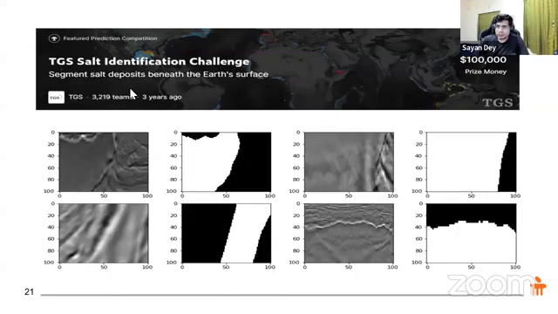In this Kaggle challenge, the segmentation model is used to track salt deposits beneath the Earth's surface. People who have worked in the oil and gas industry will understand that salt is a very important factor that needs to be checked to understand whether you should drill in a particular spot or not.